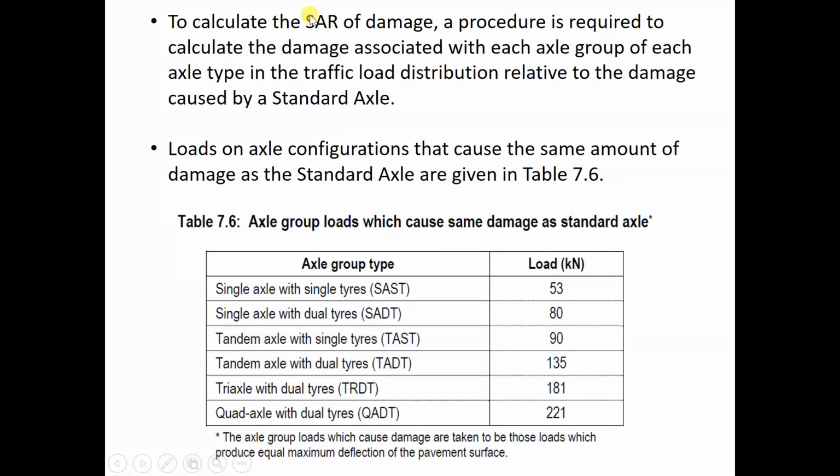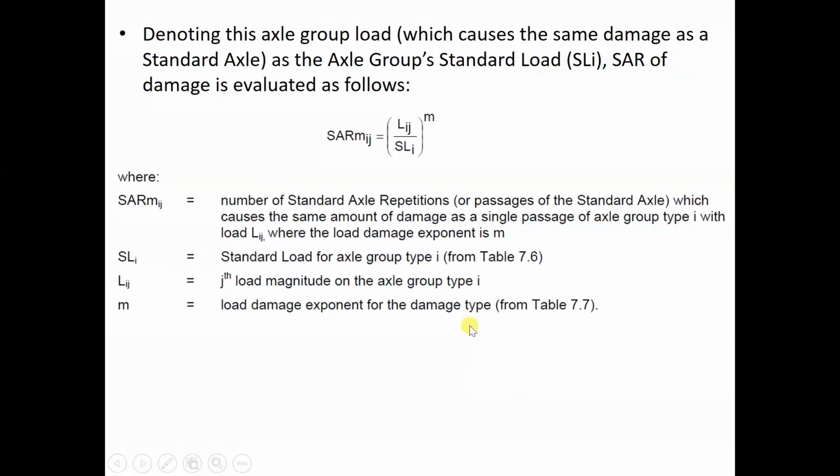To calculate the SAR of damage, a procedure is required to calculate the damage associated with each axle group load. These are the different types of axle, and these are the loadings. So we have this sort of formula here. This is actually the conversion.